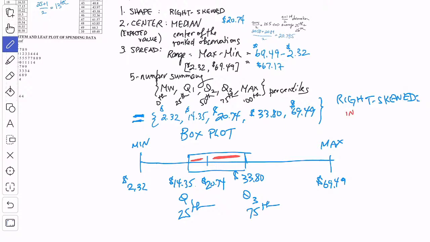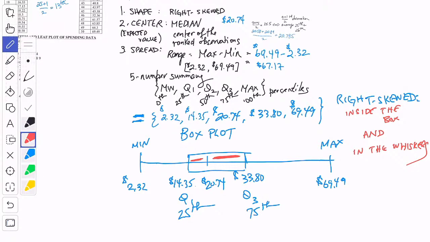inside the box and right skewed in the whiskers. We call these the whiskers, like the whiskers of a cat. So also here, this is bigger than this.